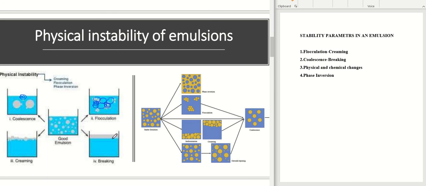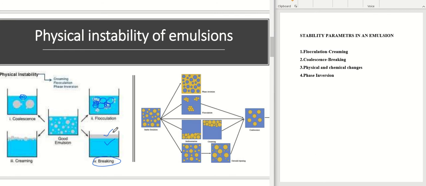Now, breaking is a phenomenon where a complete separation of the oily phase and the aqueous phase is seen. This is irreversible. Once an emulsion is broken down, it cannot be reversed.